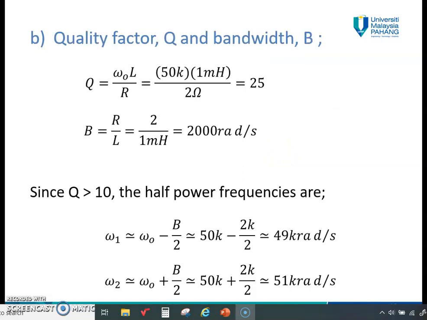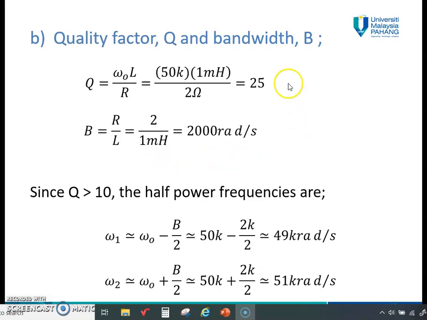Next, calculate the quality factor Q and the bandwidth B. The equation to calculate Q is omega naught times L over R, so it is equal to 25. For the bandwidth, B equals R over L, which is equal to 2000 radian per second.